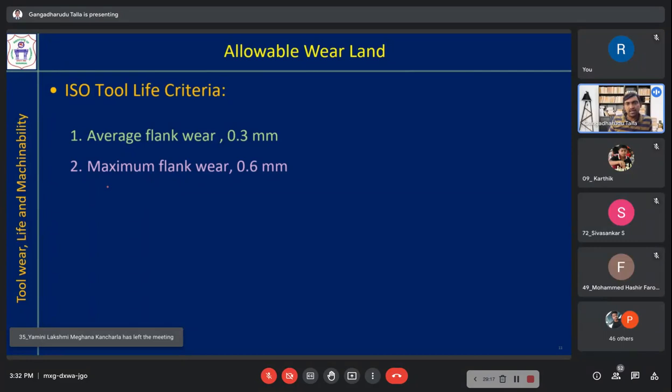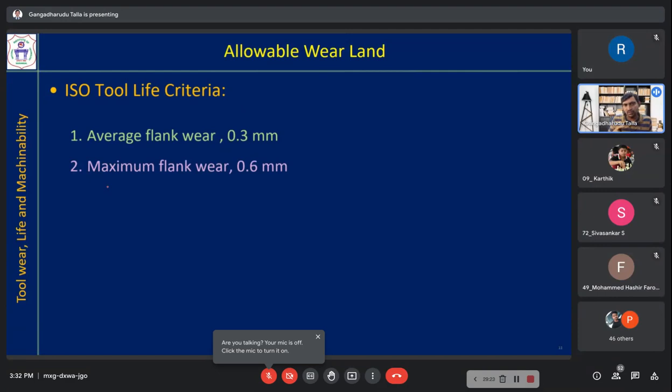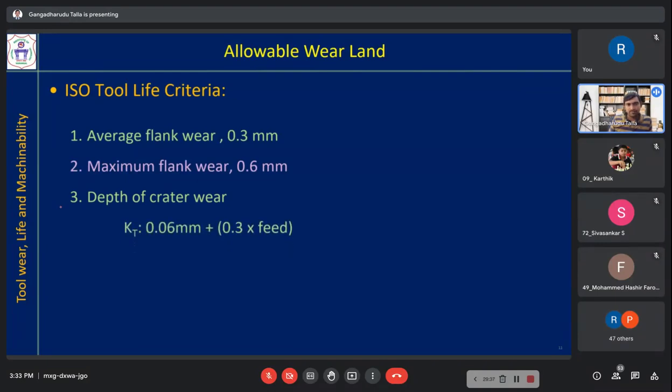Now maximum flank wear. If the maximum flank wear is 0.6 mm, at least at one location, then also you will say that the tool has failed. Now coming to the depth of crater wear, that is represented by KT.